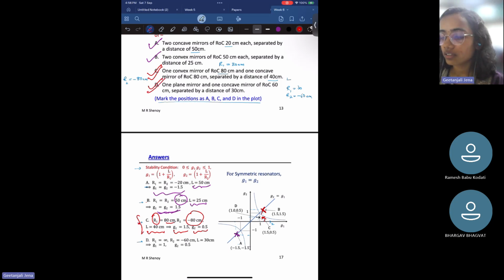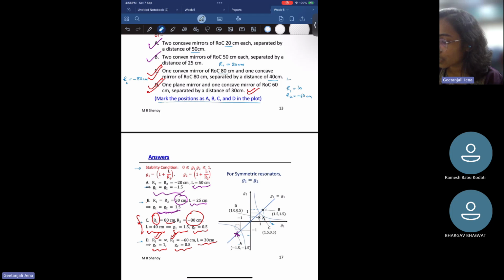And the fourth is the one plane mirror resonator: one plane mirror and one concave mirror of ROC 60 centimeter separated by a distance of 30 centimeter. One is a plane mirror, that means R1 is infinity, and another one is a concave mirror of ROC 60, so R2 is minus 60 centimeter and L is 30 centimeter. So G1 will be 1 and G2 will be 0.5.